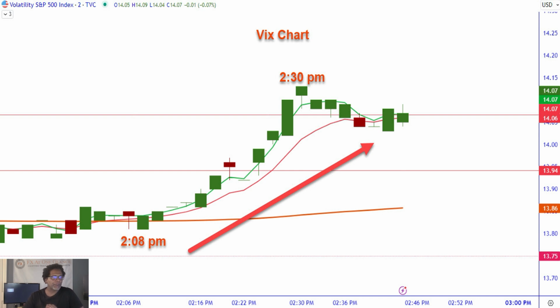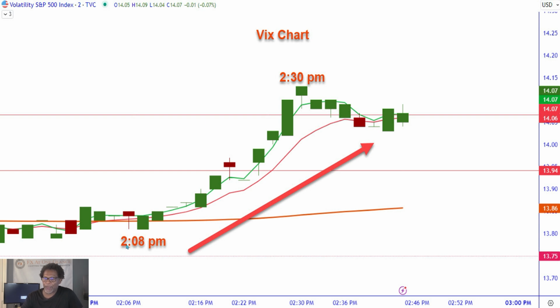It reflects the aggressiveness of the bulls lifting the offers and the bears hitting the bids, and it's how many stocks are trading on the uptick versus how many are trading on the downtick. Positive numbers mean more stocks are trading on the uptick, and when it's negative, more stocks are trading on the downtick. I talked about this VIX previously, and I'm not going to get deep into it right now. I'm going to show you how I take these trades.